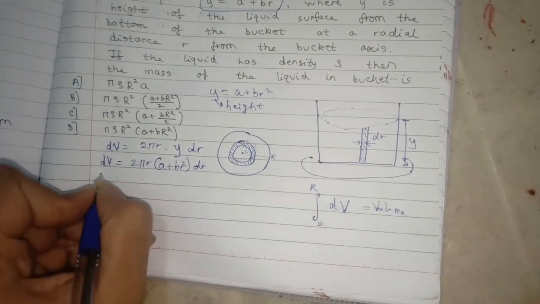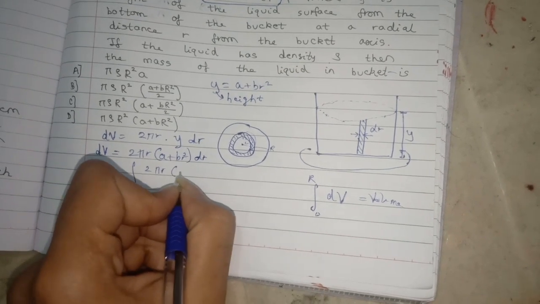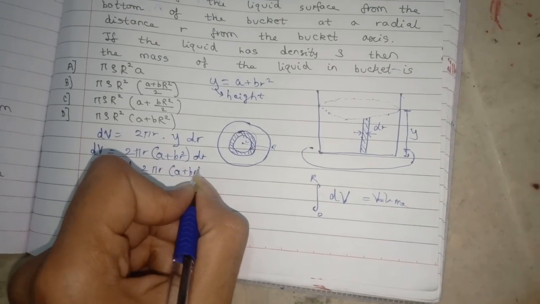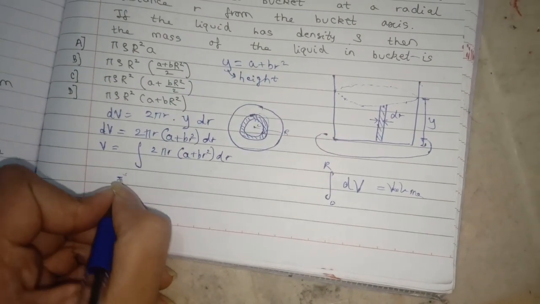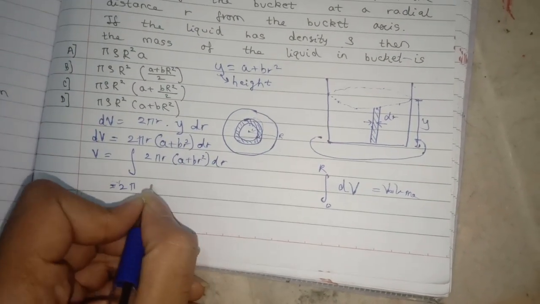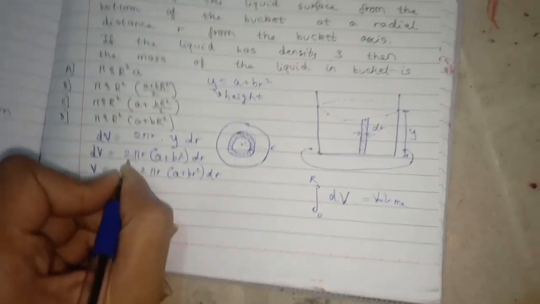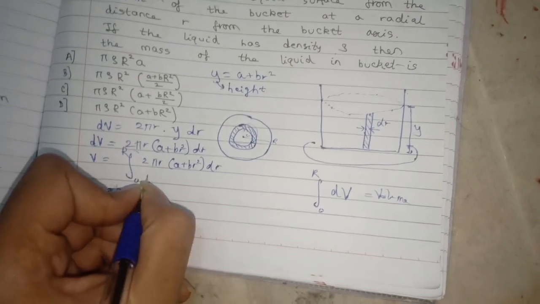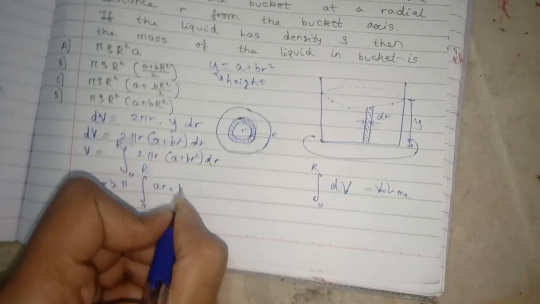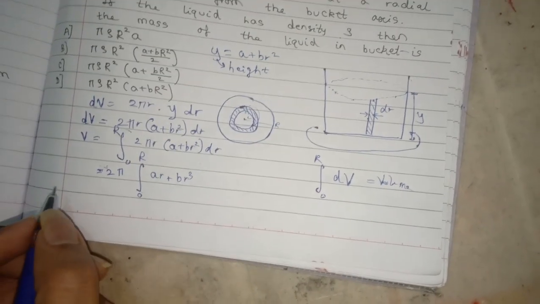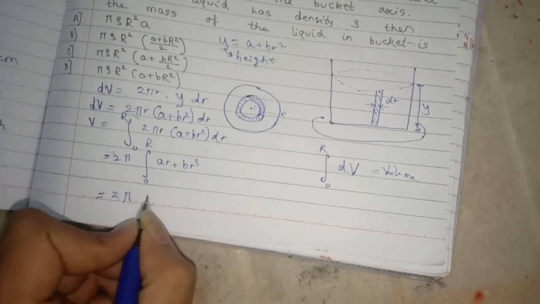Integrating on both sides, I get V equals integration of 2 pi r into a plus b r square dr. I will remove all the constants out. 2 pi is constant, and the integration limits will be from 0 to capital R. I multiply r with the bracket, so I get a r plus b r cube, then 2 pi.